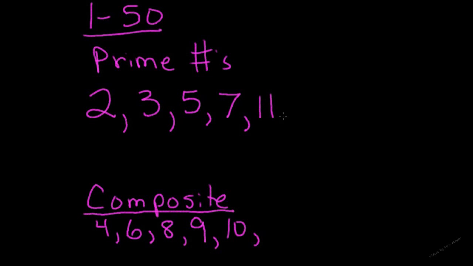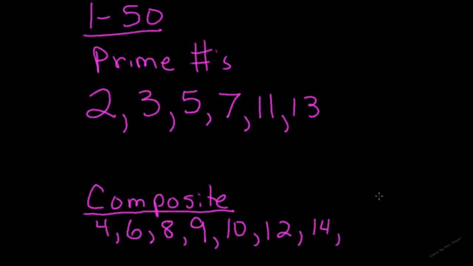11, another odd number that has only two factors though, 1 and 11, so it makes it prime. 12 is even, so it's composite automatically. 13, another prime number because it has only two factors, 1 and 13, not divisible by any other number.